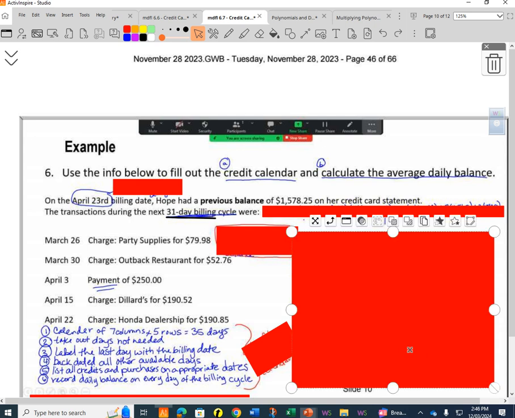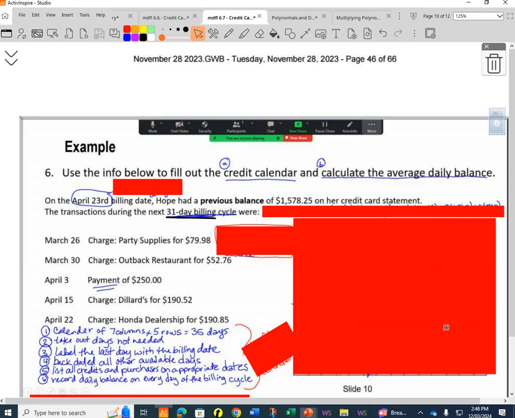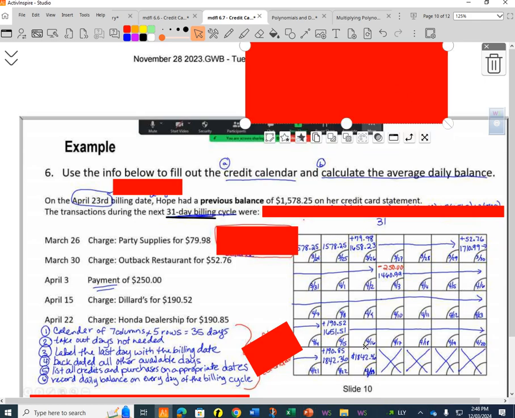So we need 31 days including April 23rd backwards. Here you put April 23rd, so that's 3 days plus 28 days, that's a 31-day cycle.